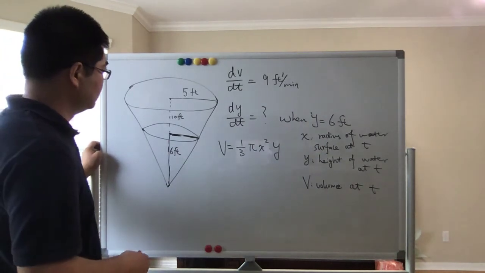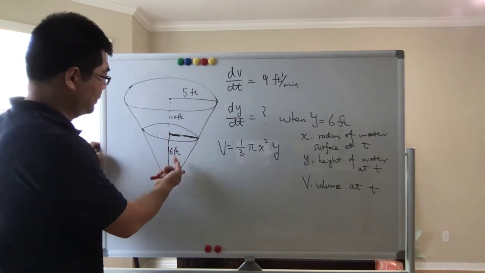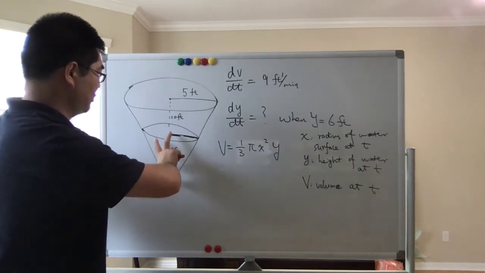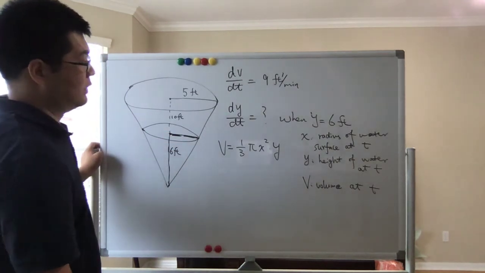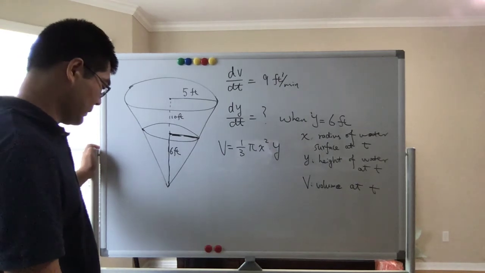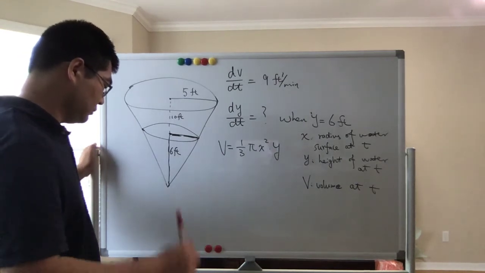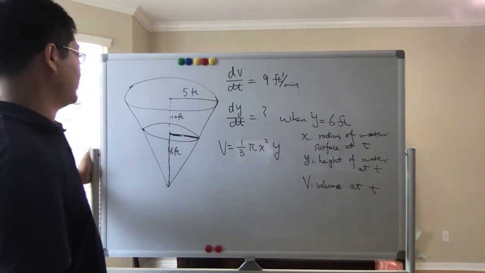And also, you see the water goes up, up, up, and at the moment when the water is 6 feet high here, it asks us what the rising rate of the water is. So how do I think about that?